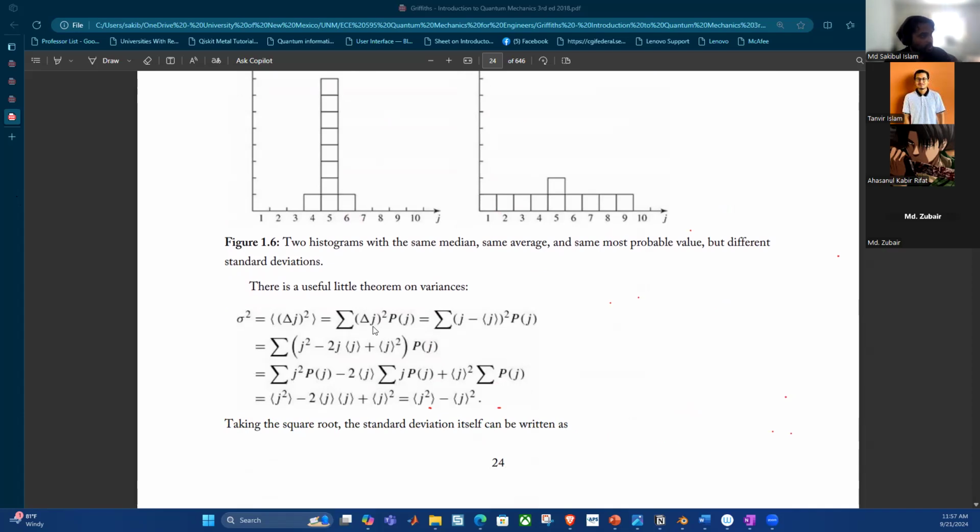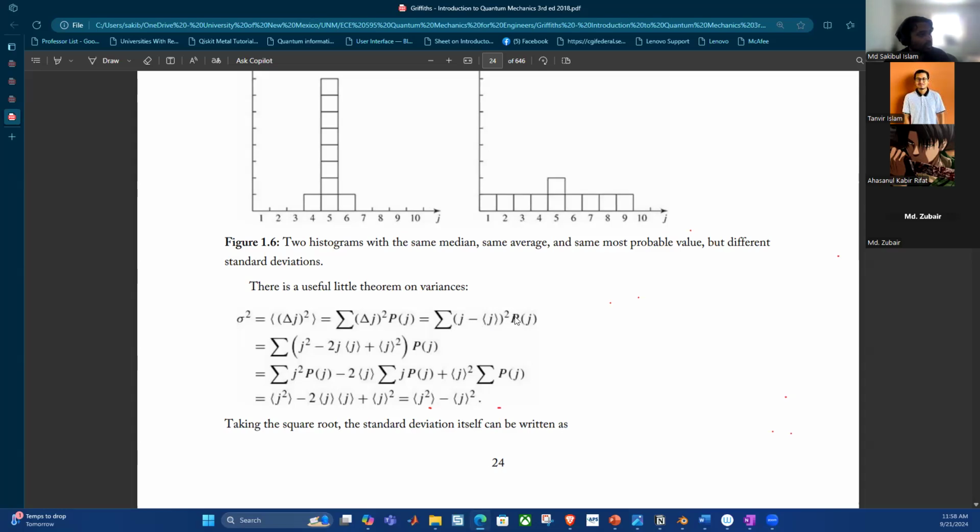Okay, let's go one by one. So what is the average? How can we write the average? That is the sum of the function. In this case, the function is the square of the spread multiplied by the probability of that value. So we know the spread of j is j minus average, that is the value of the variable minus the average of that variable j.